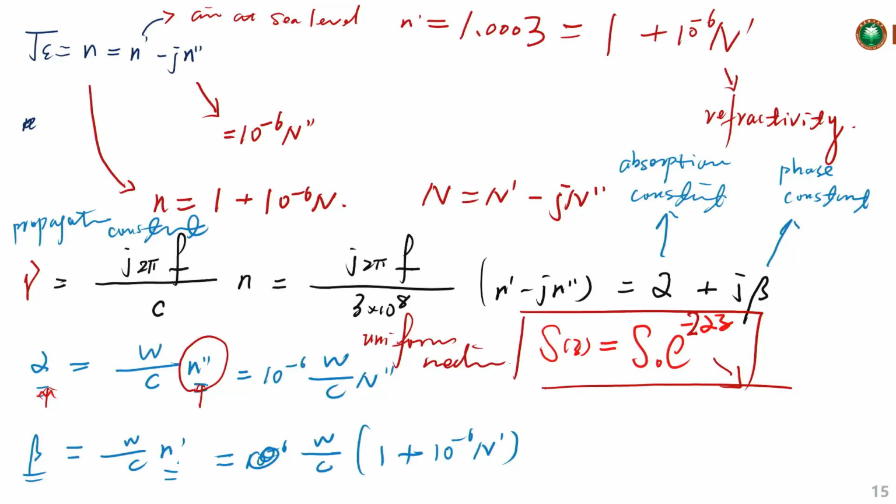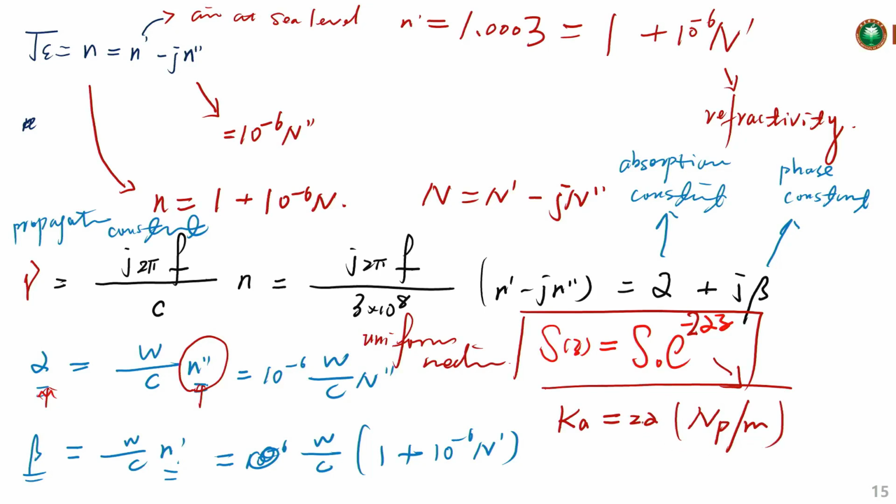For example, the atmosphere is uniform. So we define another parameter, kappa a, which equals 2 times alpha. Its unit is usually Neper per meter, as the standard unit here.